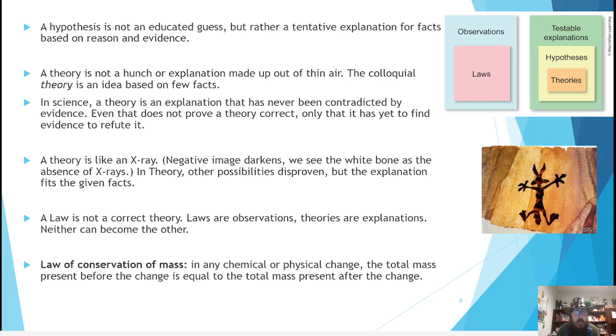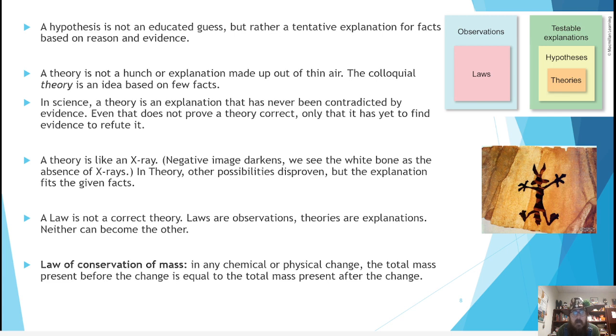That may be the colloquial idea of a theory, like when you talk about Sherlock Holmes, an idea based on a few facts. But in science, a theory is an explanation that has never been contradicted by evidence. Even that does not prove a theory correct. All this proves is that it has yet to find the evidence to refute it.